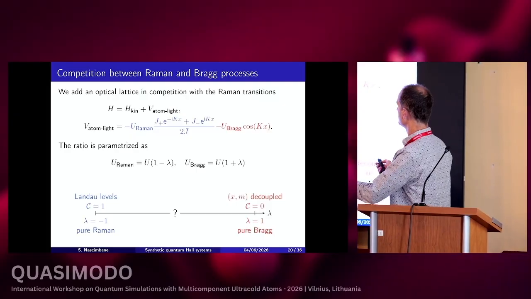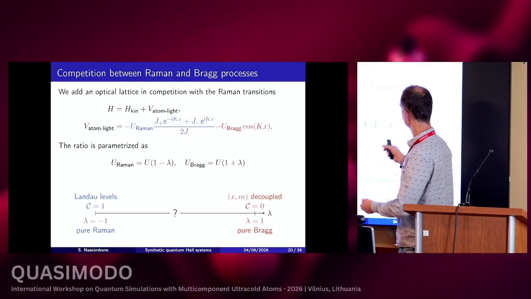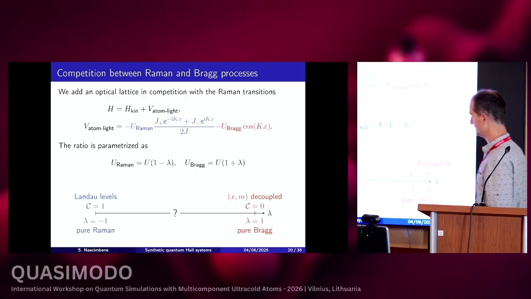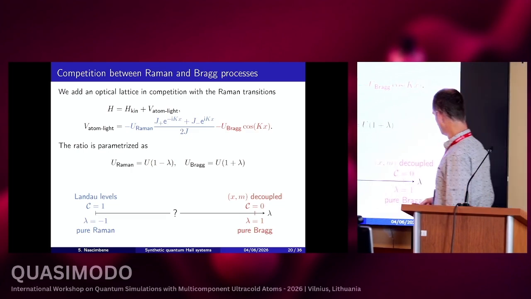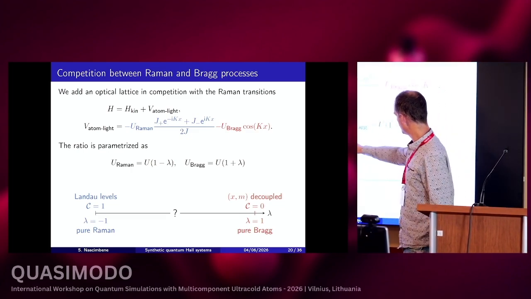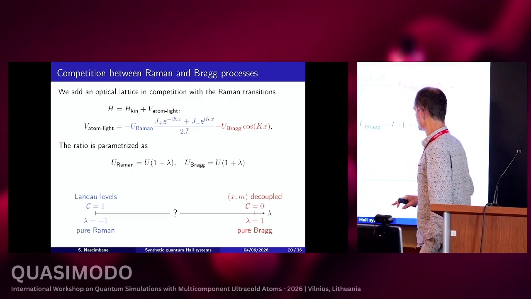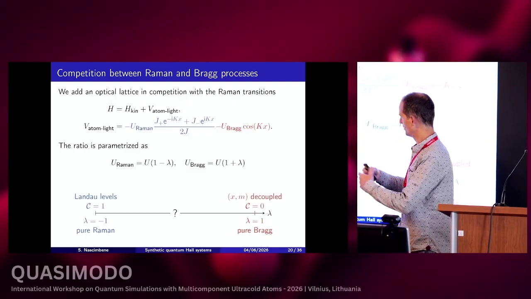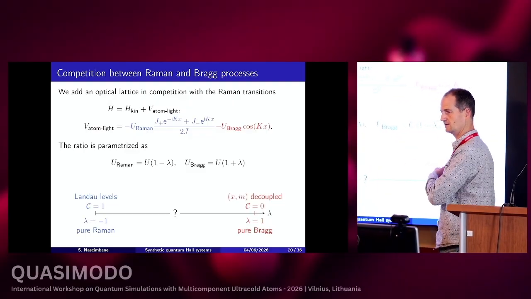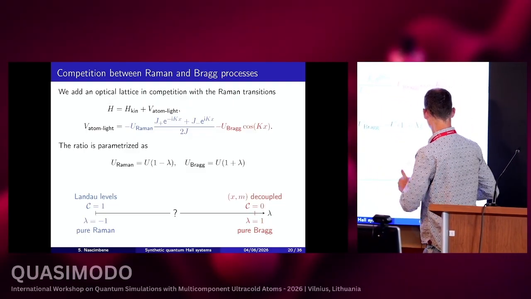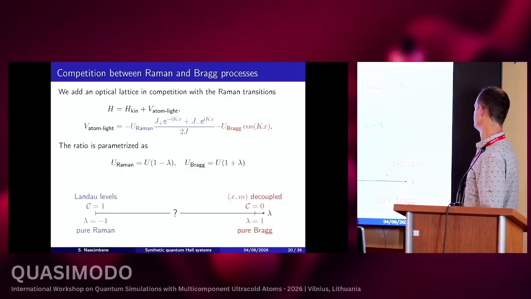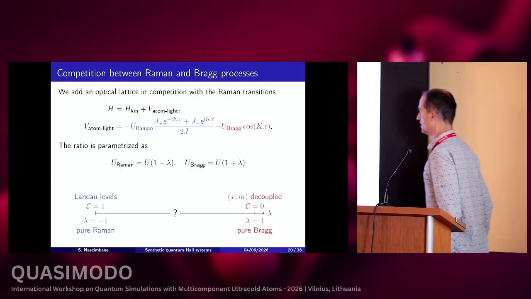And so we are going to study what happens as a function of the ratio between these two quantities, the Raman and Bragg processes. And I parameterize the ratio by a parameter lambda. So lambda equals -1, only Raman lasers. Lambda equals +1, only lattice.